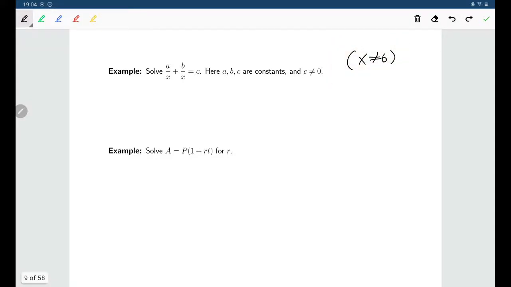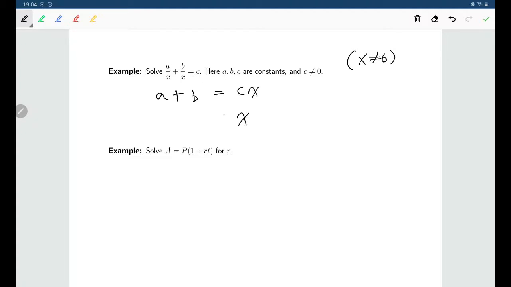So if we do some work here and it turns out that x is equal to 0 at the very end of it all, we know that we'll need to reject that answer. That's the reason why we ask ourselves that question at the beginning. So with that in mind, I'm going to multiply every term by x so that I can now solve for what x is.